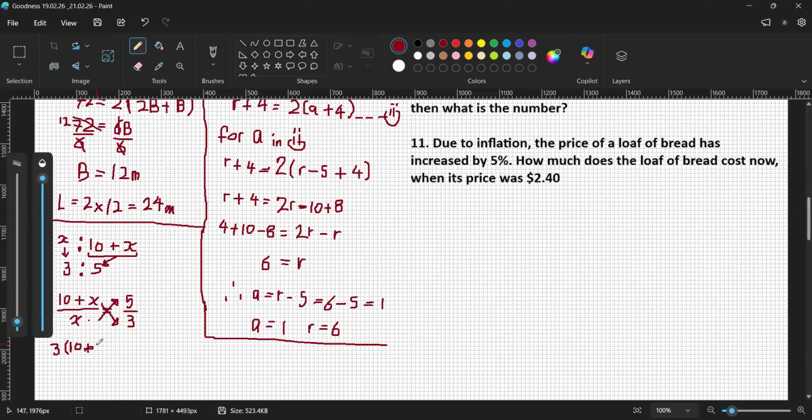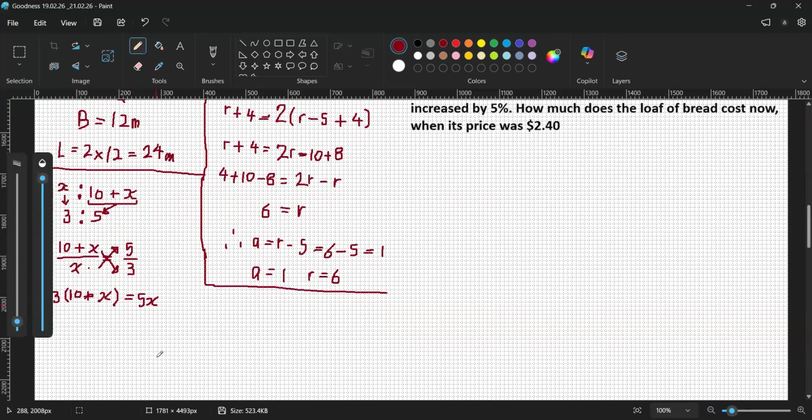Sorry, this my plus must come out well, whether I like it or not. Okay, and all this is equal to what? 5 times x, right? Yes, sir. I think cross multiply has saved us from a lot of wahala in many scenarios, especially something like this.